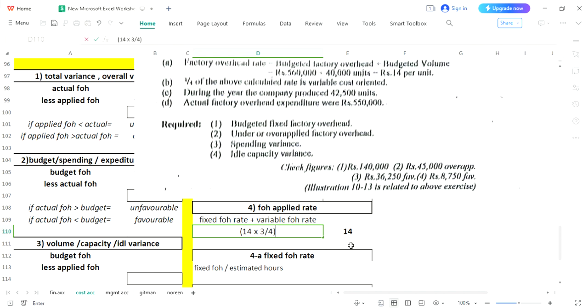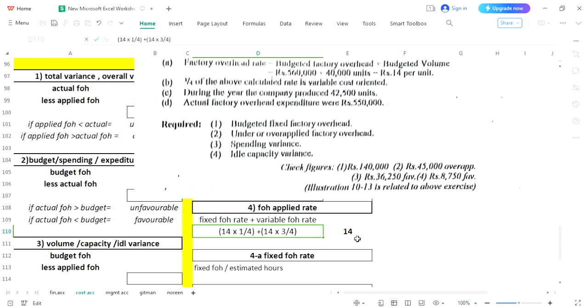Now let me know, if out of the total rate 3/4 is variable, then how much would be the fixed FH rate? It is easy to understand. If 3 out of 4 are variable, then 1 out of 4 would be fixed FH. So you can calculate your fixed rate as well by taking 14, the total rate, and multiplying it by 1/4, and then when you add them, automatically 14 will arrive.